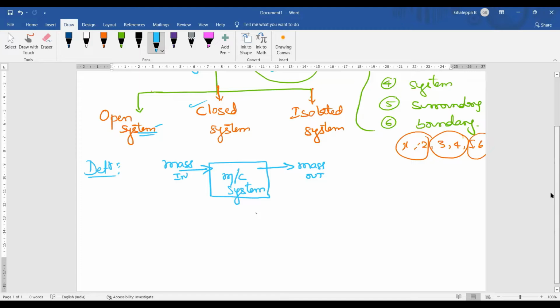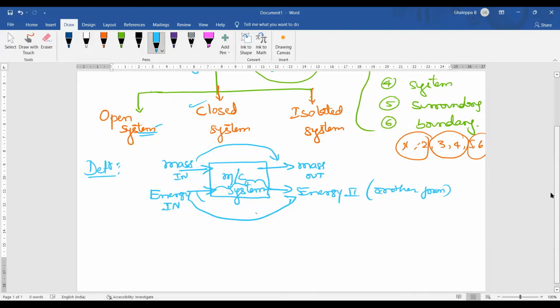At the same time, this system is absorbing one form of energy in, and this system is converting the absorbed energy into some other form of energy. One form of energy is converted into another form. So any system where there is an exchange of mass as well as energy conversion between system and surrounding, that system we will call an open system.